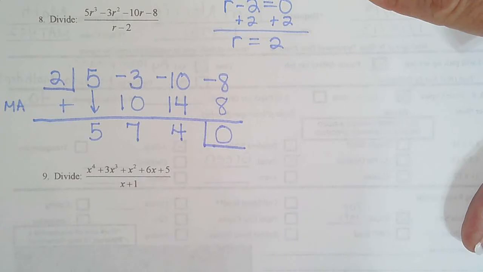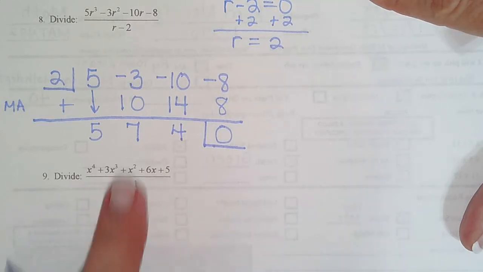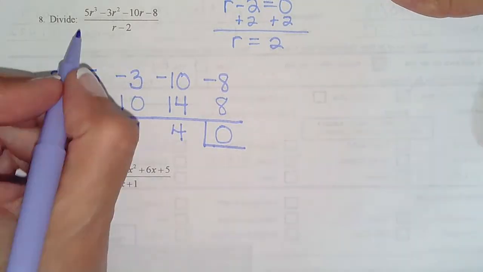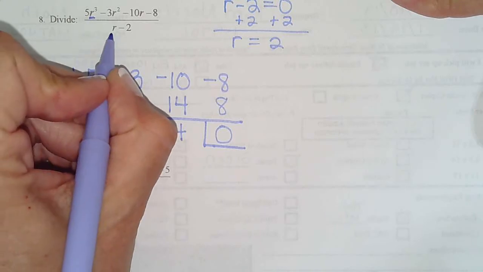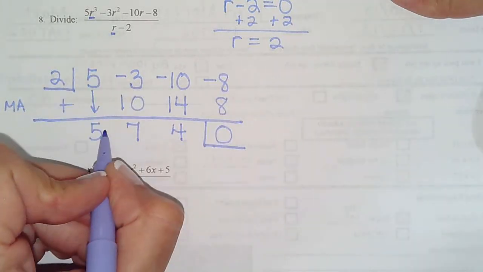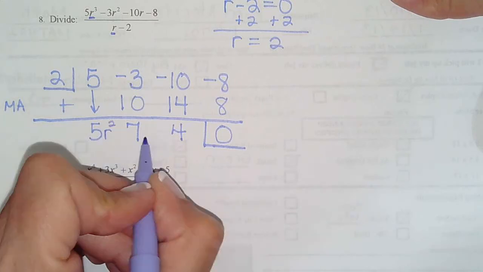That is awesome. I think the last problem took us 8 minutes, half of a video, and this one just took us maybe a minute. Now we just have to put the variables on it. So we look at the front terms. What's r cubed divided by r? R squared. So that means this is r squared.